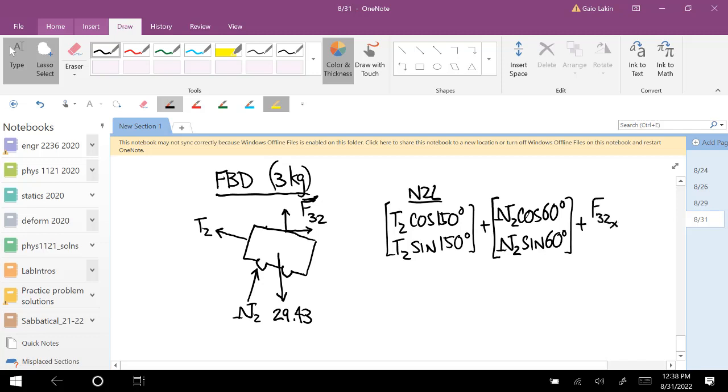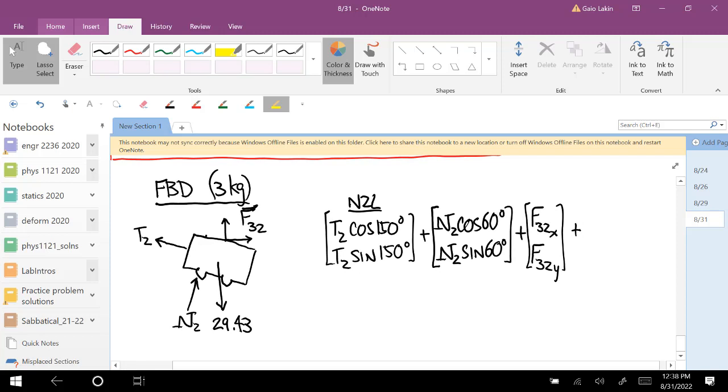Plus F32, plus 0, negative 29.43 is equal to zeros.